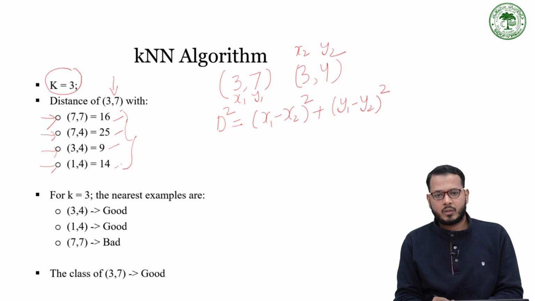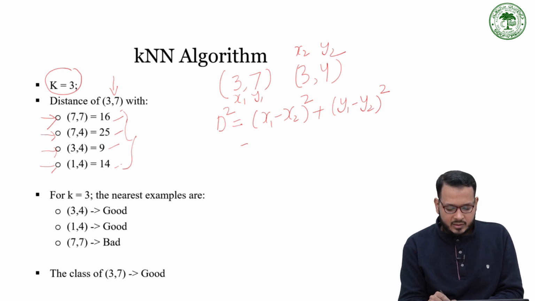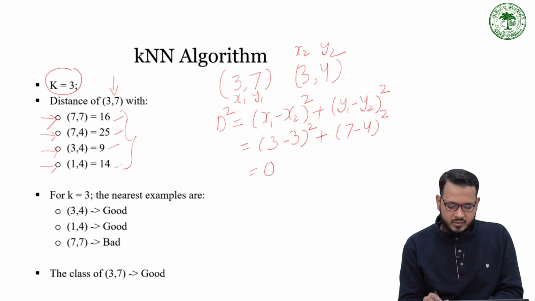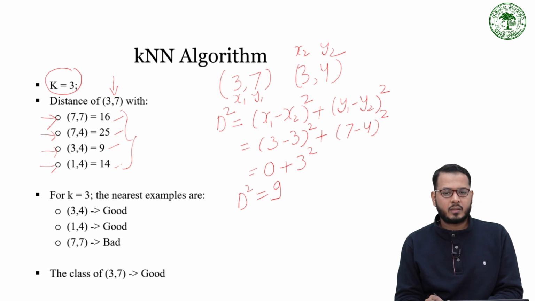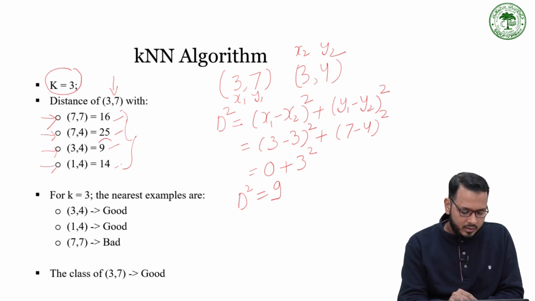So if I try to calculate the distance, it would be (3 minus 3) square plus (7 minus 4) square. This would be 0. This would be 3 square. So the distance square would be 9. That's why the value here is 9.